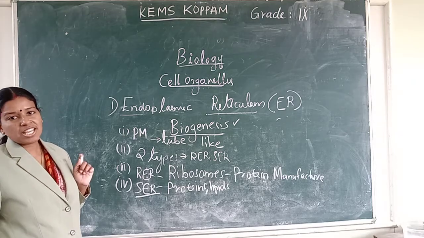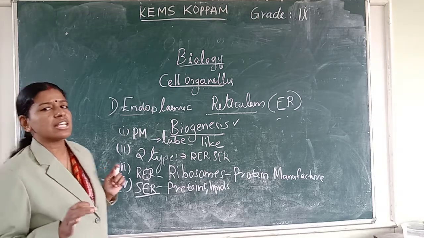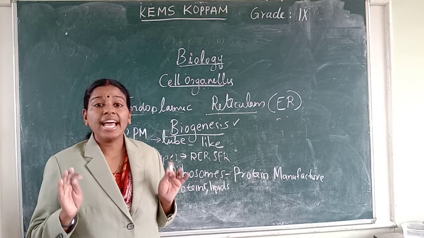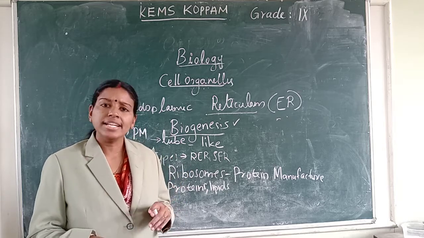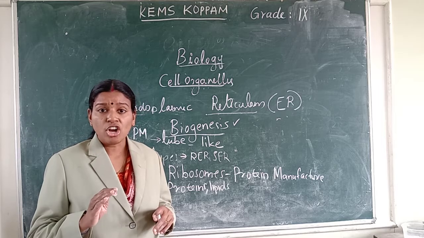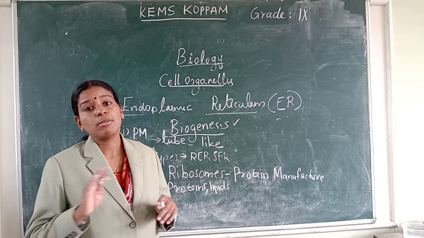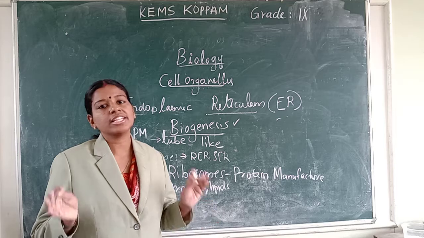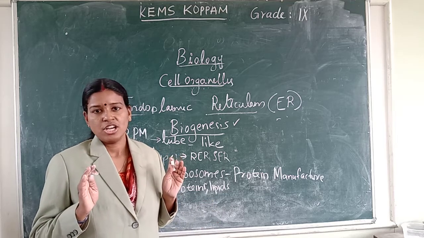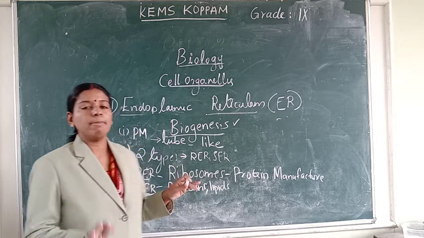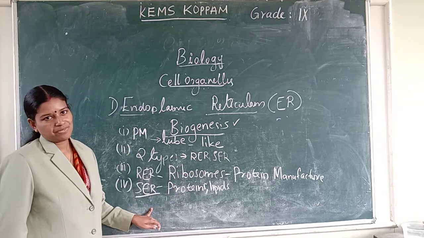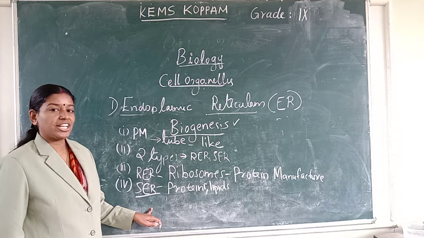Smooth endoplasmic reticulum is present in the liver cells of all vertebrates. It helps in detoxifying poisons. What is meant by detoxification? Making the toxins neutral, or removing the toxicity of whatever is present inside the liver cells. The poisonous thing is changed into a normal thing by SER, smooth ER.